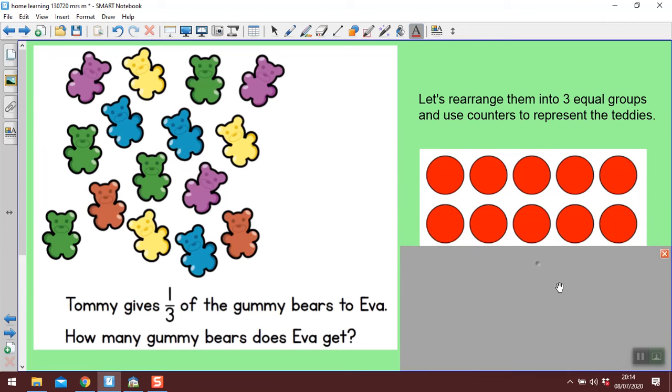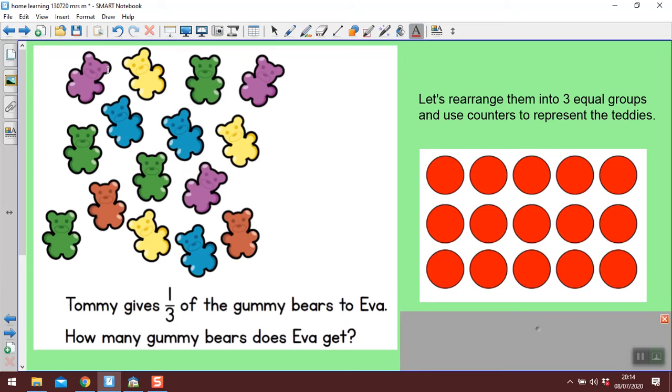I'm going to use counters this time. So instead of using the bears, we've turned them into counters, and they're arranged in 3 equal groups. So this is one equal group, this is another equal group, and this is another equal group. So 1/3 means 1 out of 3 of the equal groups.